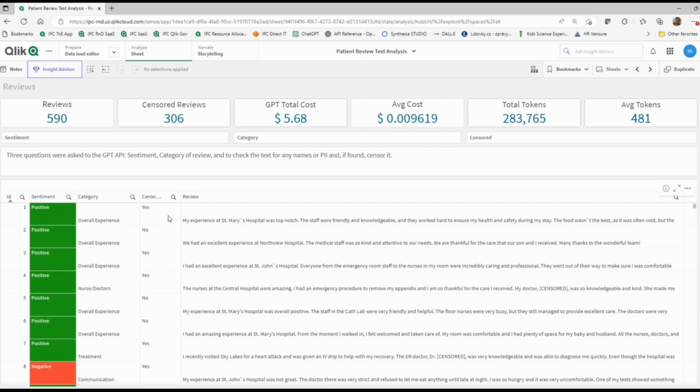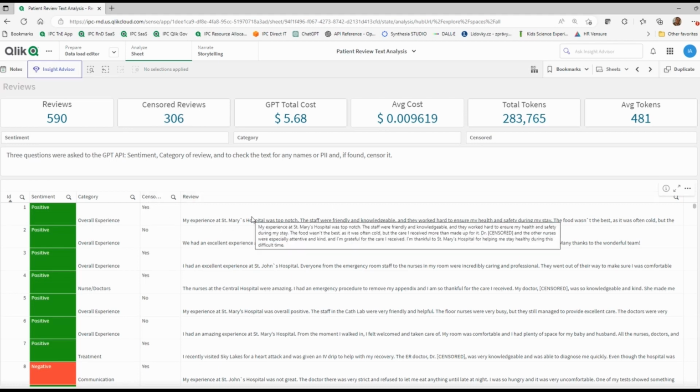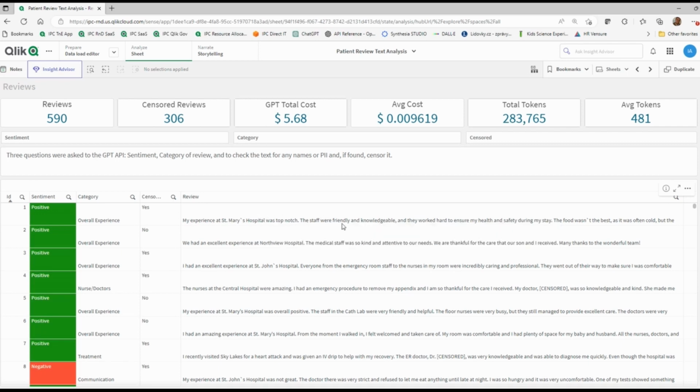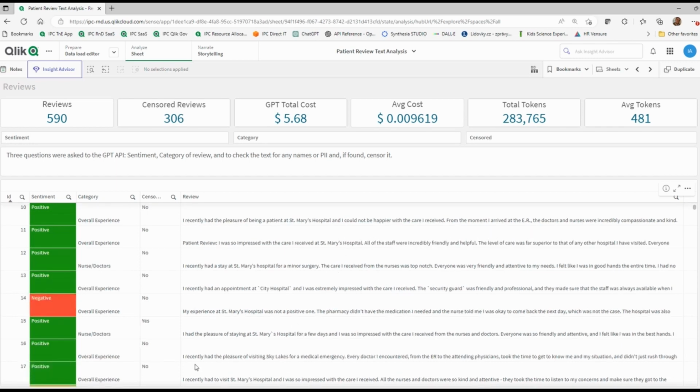If we look at censored information, I can hover over this, and you can see that at some point it says doctor, and then the name of the doctor was censored, and other nurses were especially attentive and kind, etc. And we'll see that this is a positive review.